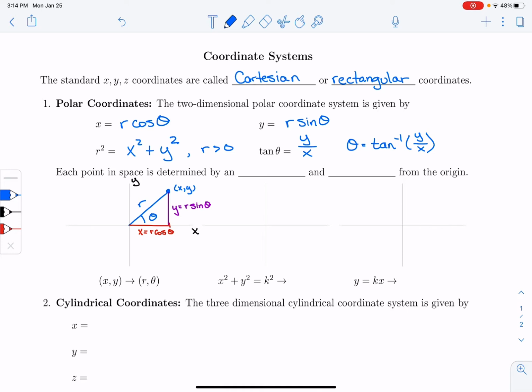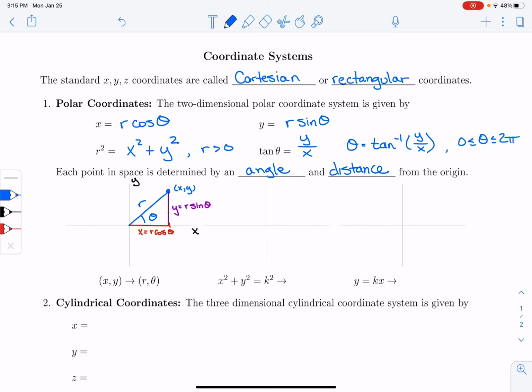So here we can say that theta is going to be between 0 and 2 pi. So polar coordinates are just a way to determine each point by an angle and a distance from the origin.